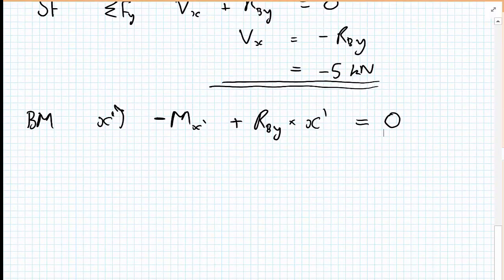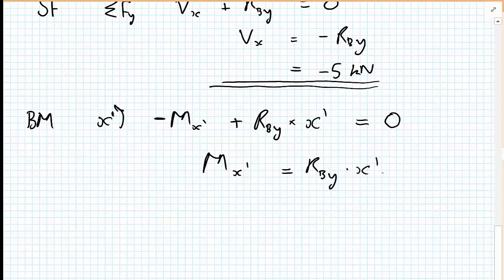And we rearrange this equation now, take the Mx dash to the right hand side, so we end up with Mx dash equals Rby multiplied by x dash.